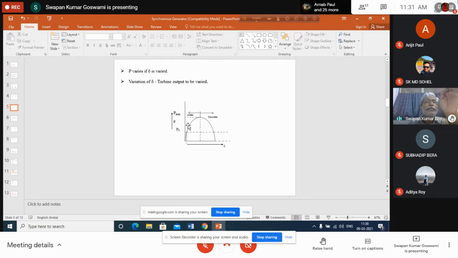Why has this happened? Because we have moved the input power somewhat more than the previous input, and the shift was small. As a result, the generator could maintain stable operation even after that increase in input power.